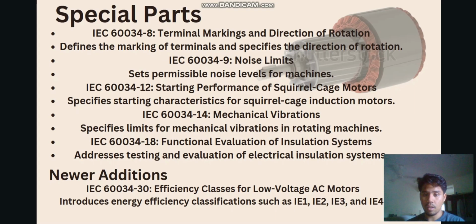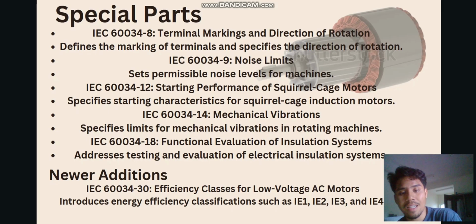Next, the second special part is IEC 60034-9. It covers noise limits and sets permissible noise levels for machines. For the third special part, IEC 60034-12, it talks about starting performance of squirrel cage motors.